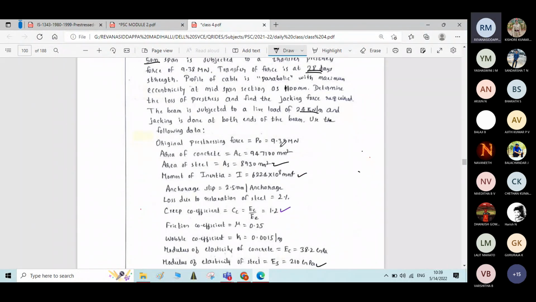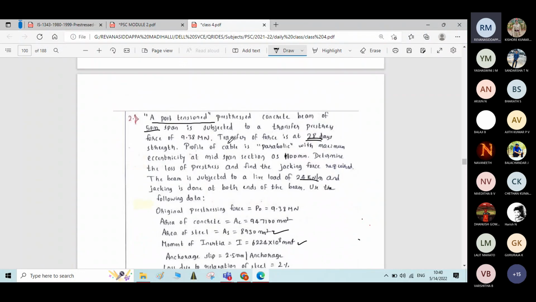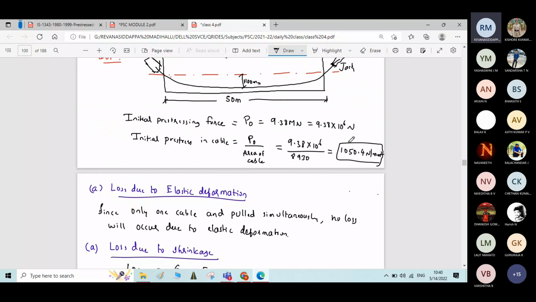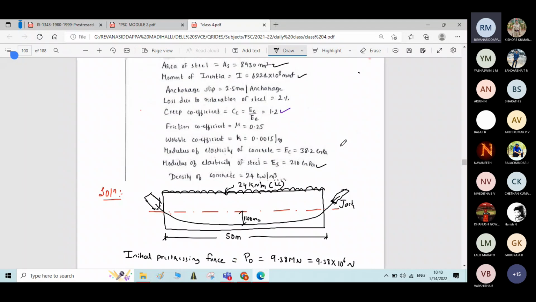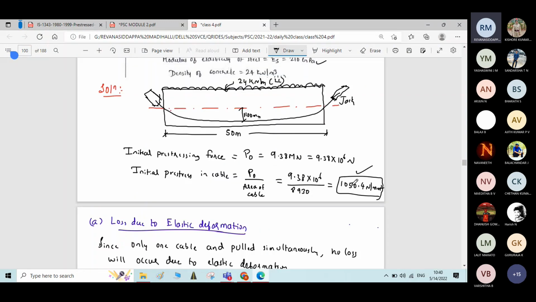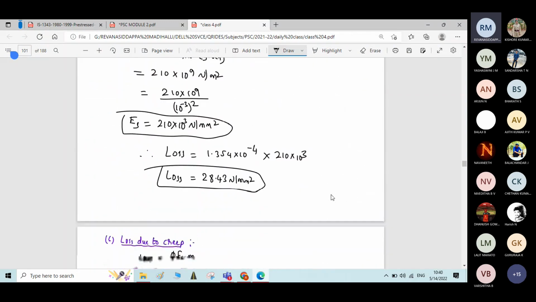Pre-stressing force is given. Area of concrete is given. Area of steel is given. I think we have to calculate the stress. Yes, we have already calculated it at the beginning: initial pre-stress 1050.4. And loss due to relaxation of steel is 2%. So 2% of this 1050.4 is the loss due to relaxation of steel.